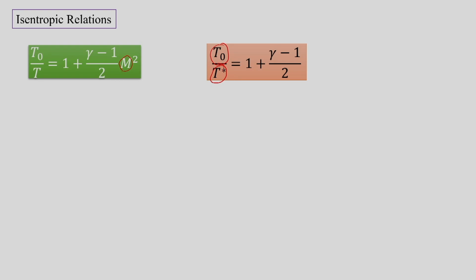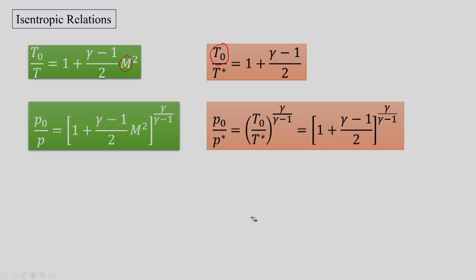Here the sonic condition is specifically denoted by a star. Similarly, the total pressure and static pressure relation becomes a specific relation between total pressure and the sonic pressure.